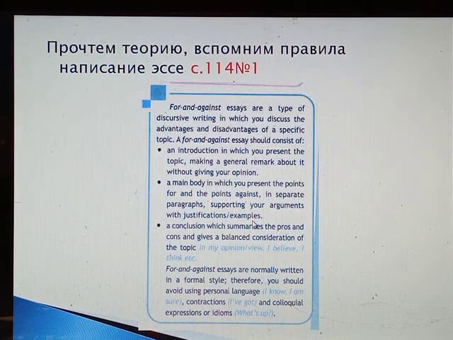В одном абзаце вы приводите аргументы в пользу, в другом абзаце аргументы против. При этом ваши аргументы должны быть обязательно подкреплены примерами, суждениями или пояснениями. Нельзя в один абзац писать аргументы и за, и против.